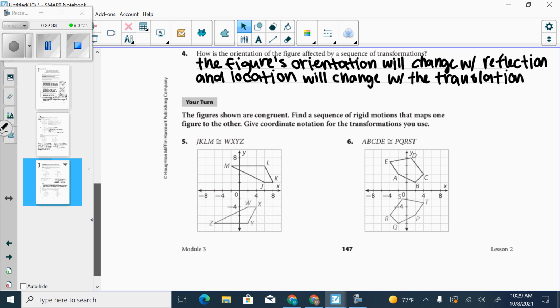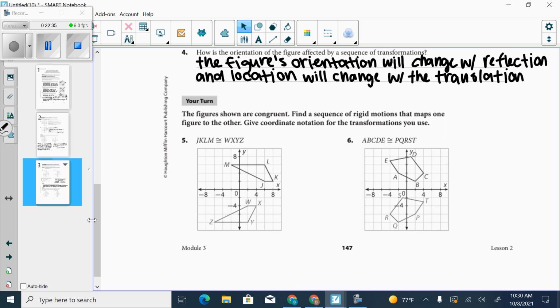Okay, last two here. It says that the figures are congruent. They just want us to come up with the sequence of motions that maps one to another and write those in coordinate form. Okay. So on this one, JKLM to WXYZ. So first, what would I have had to change about this one to get it down here? Okay, so reflection over.